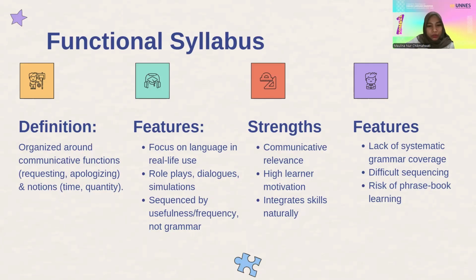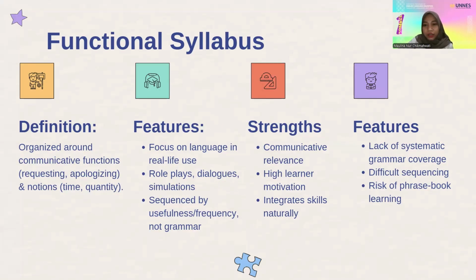And last but not least, in the functional syllabus approach, it risks phrasebook learning. There's a tendency to teach fixed expressions or set phrases for functions, like here's how you apologize, here's how you ask for directions, here's how you ask for something, like would you please.